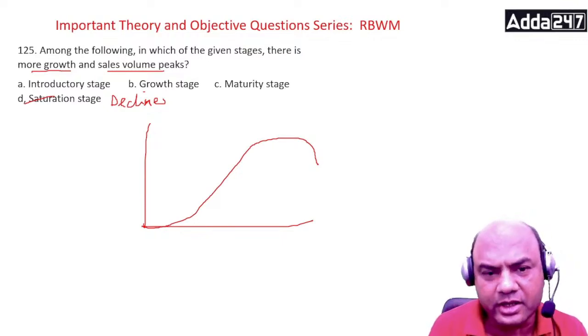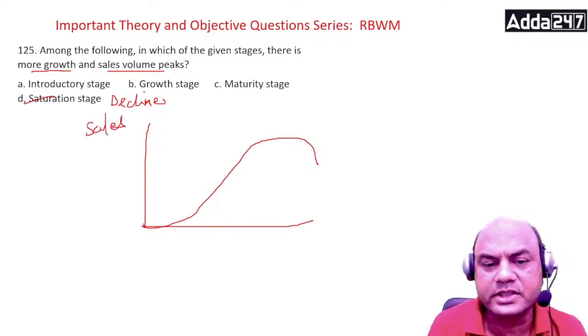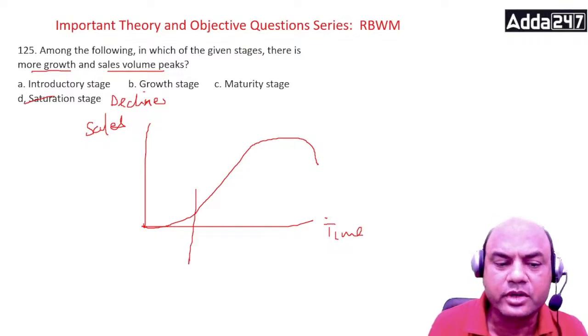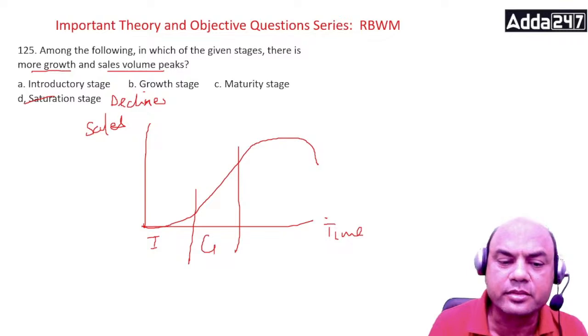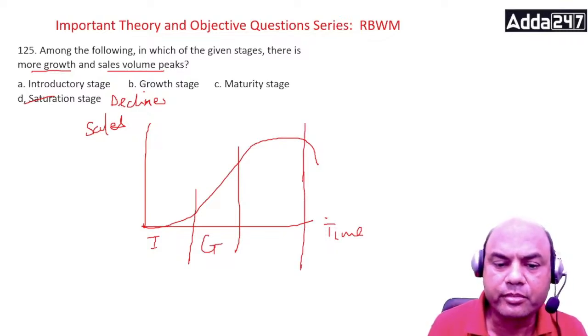Now look at this. This is a sales graph, sales versus time. Here sales is almost 0 in the introduction phase. In growth it goes on increasing, in maturity it's at a maximum, and in decline it goes down.